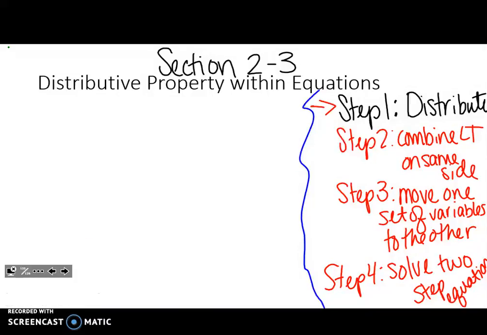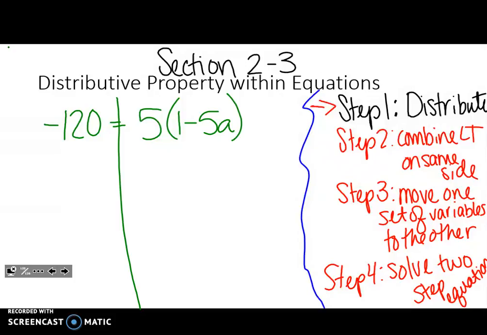Let's do another one. All right, once you have this written down, then we're ready to get started. So step 1 is to distribute. So I'm going to take the number on the outside and multiply it by both terms on the inside.